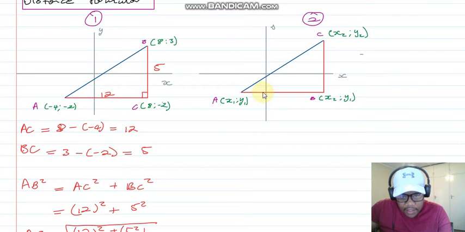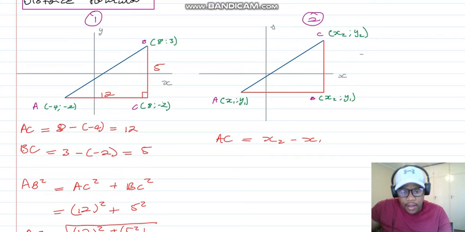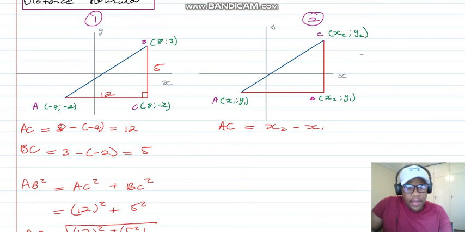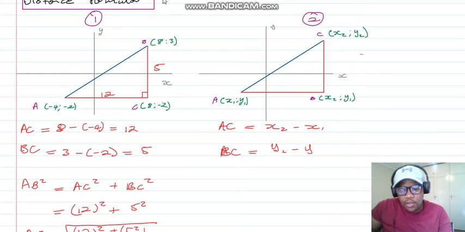Let's go find AC. Oh, sorry. So AC would be equal to x2 minus x1, and okay, I'm writing this in the wrong line, so it looks weird. And BC would be equal to y2 minus y1. These are just the lengths, the same way I just said.